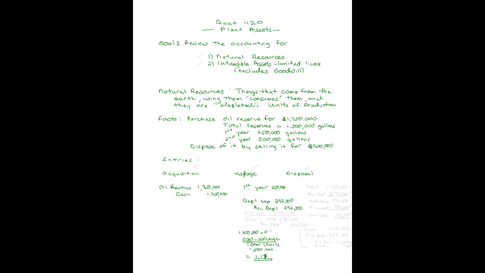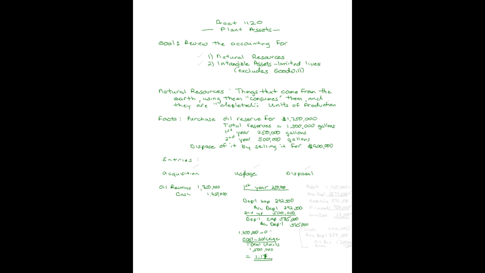The second year, we take out 500,000 gallons. If logic holds, it should be twice that, but go ahead and calculate it, and that will lead to depletion expense and accumulated depletion. There's no such thing as depreciation here. Of $585,000. We'll debit that. We'll credit accumulated depletion. And so there's our first year's depletion, and our second year's depletion.